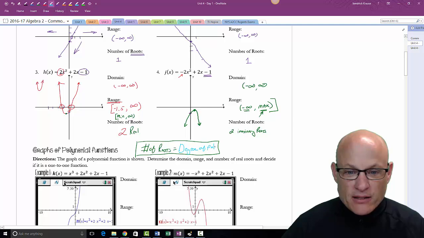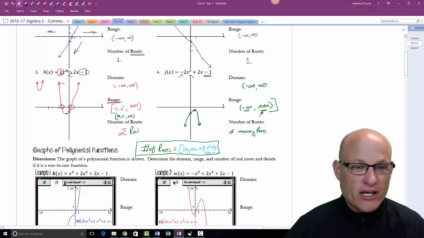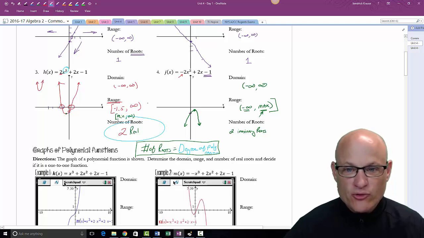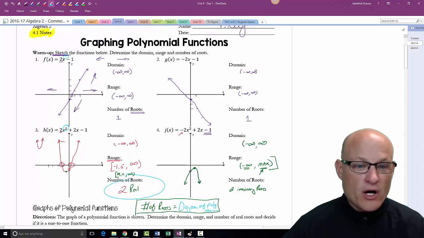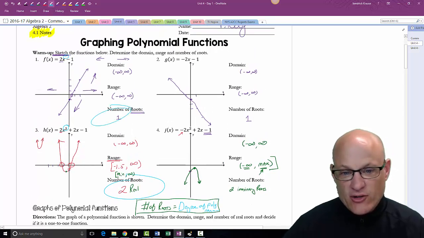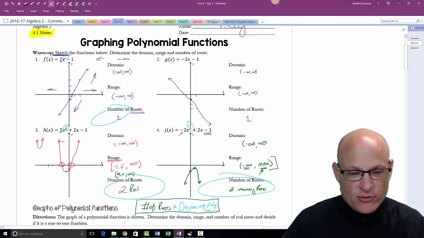The degree of the polynomial is whatever the highest degree is, or whatever the sum of the degrees are. That's later. Let's just worry about this. 2. So the most you're going to have is 2 solutions, 2 real solutions. Here the degree is a 1, so you have 1 solution. Again, here you have a 2, so you have 2 solutions. In this case, they're imaginary, but they do have 2 solutions.